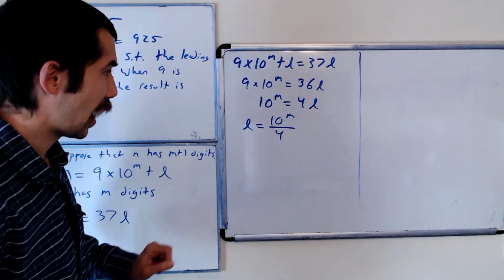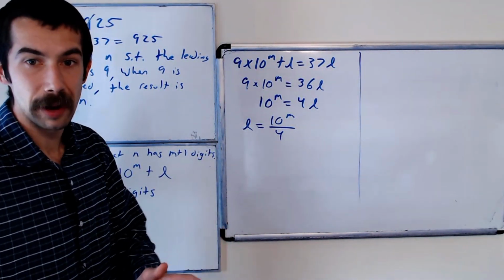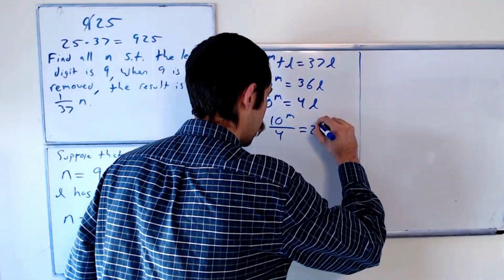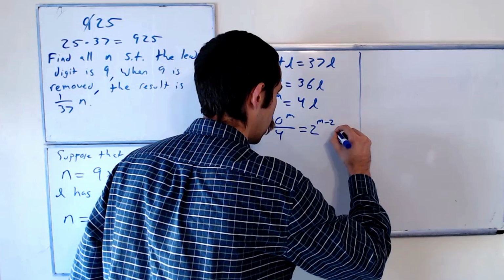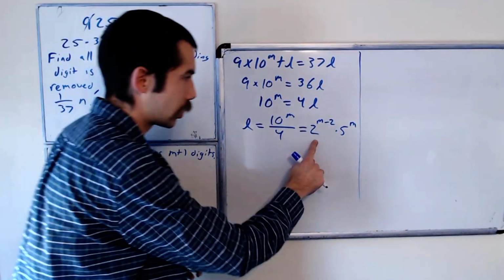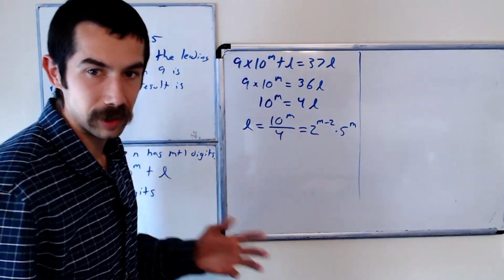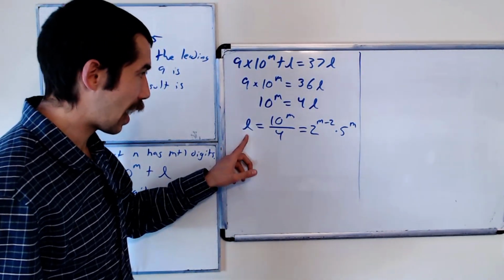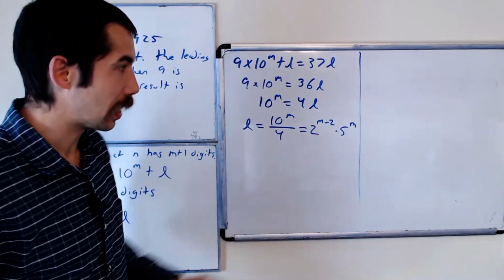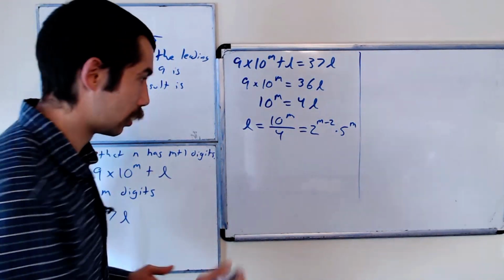We could factor 10 to the m as 2 to the m times 5 to the m. So this is equal to 2 to the m minus 2 times 5 to the m. Okay, and since 2 and 5 are relatively prime, and L is a whole number, we know that m has to be greater than or equal to 2.